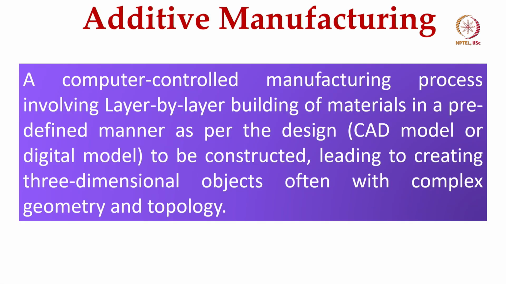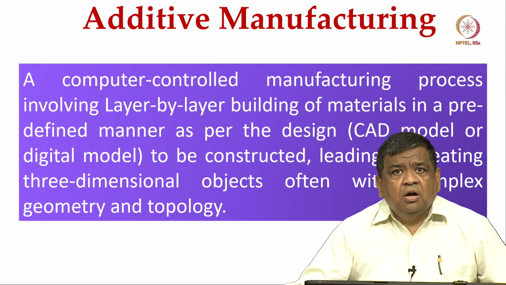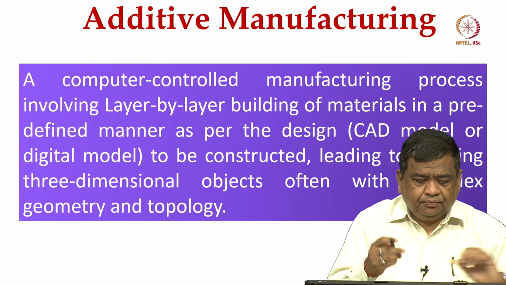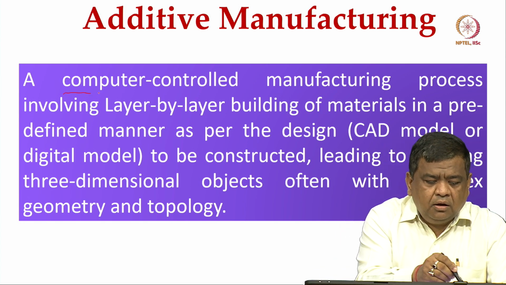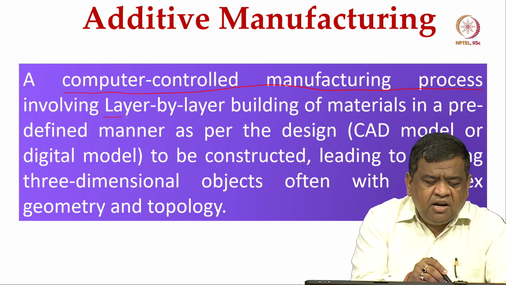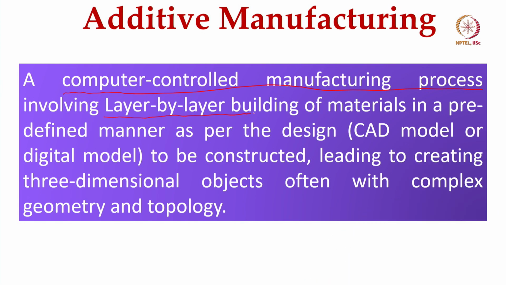So, let us revisit this fundamental definition of additive manufacturing the way I have described and explained in the last lecture. So, listen to me carefully. It is a computer controlled manufacturing process. The second keyword is layer by layer deposition or layer by layer building of materials.